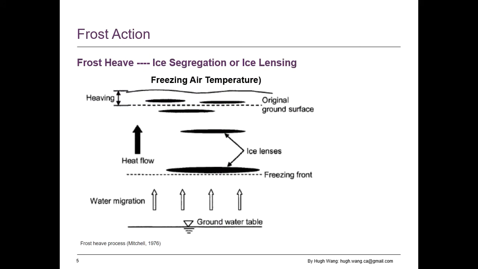This picture illustrates the three factors governing ice lensing or ice segregation. The first is freezing air temperature. Under freezing air temperature, the heat in the ground is extracted and the freezing front moves downward progressively.